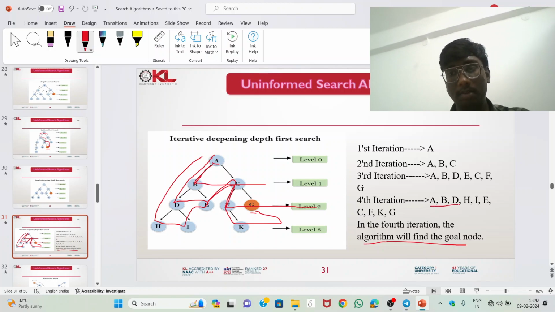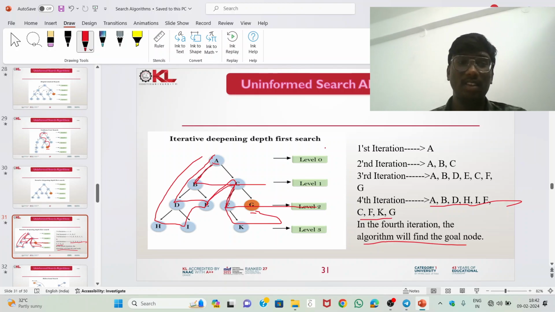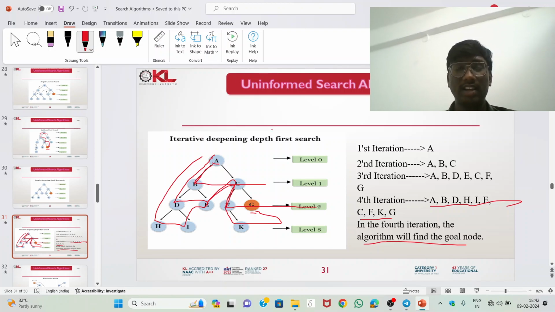Here we see A, B, D, H, I, C, F, K, J. It is not considered an optimal solution because it has the highest path and highest cost. So we do not consider it optimal.